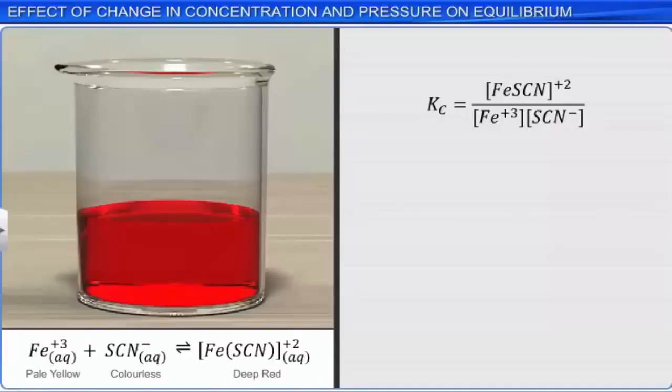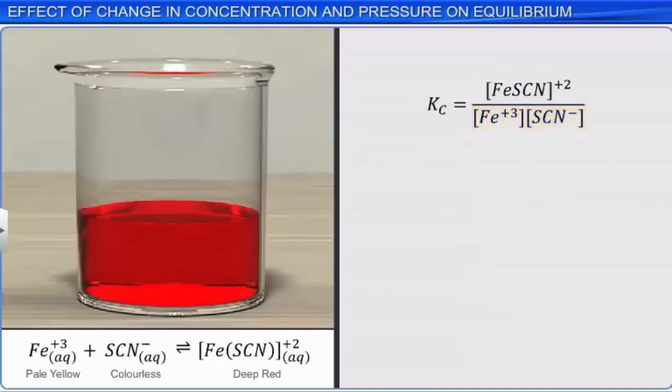The equilibrium constant, Kc, for this reaction can be written as Kc = [FeSCN2+] divided by the product of concentrations of Fe3+ and SCN-.